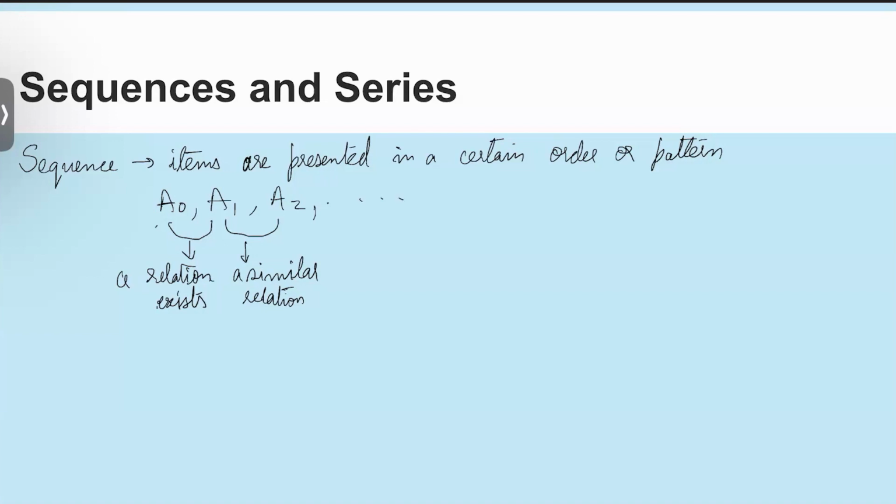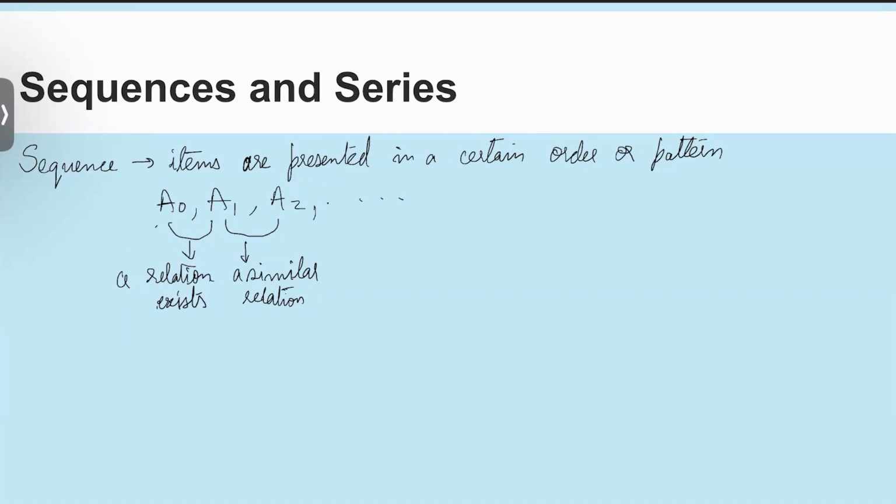Or for example, how the population of human beings or any other species can form a sequence when you calculate the number of species living at a certain time, and then again at different times.